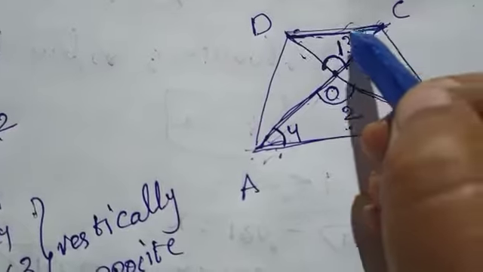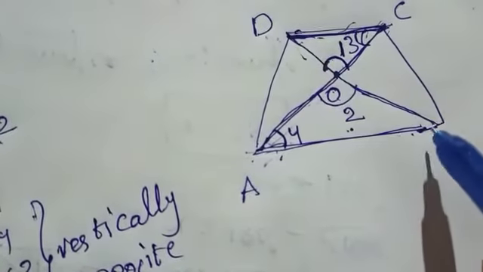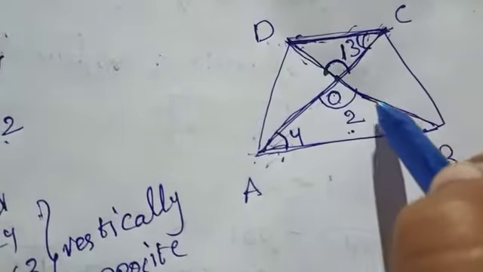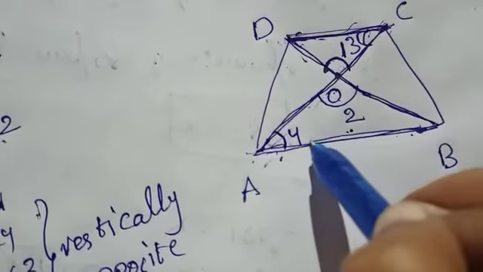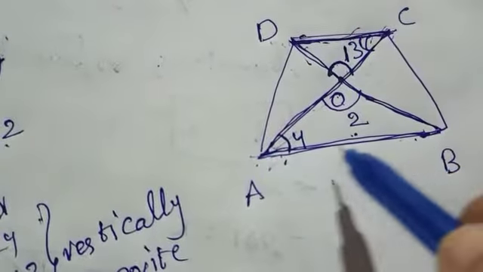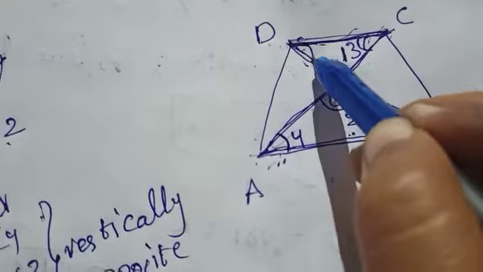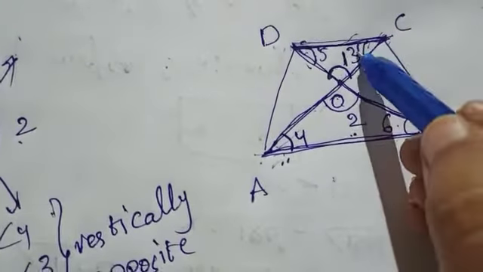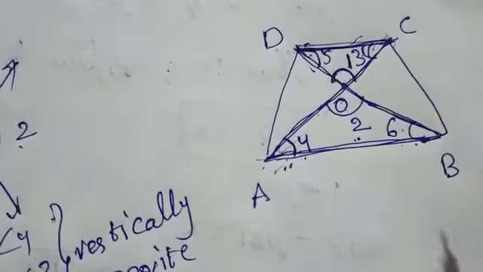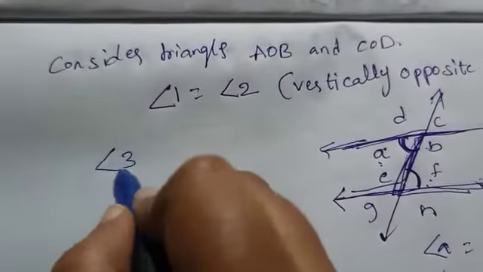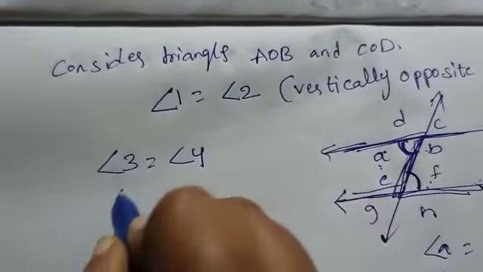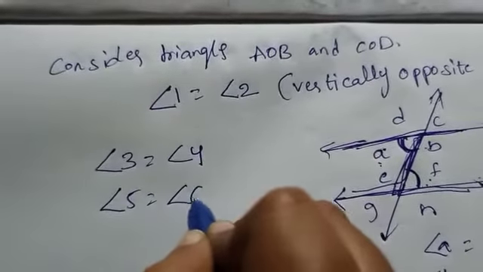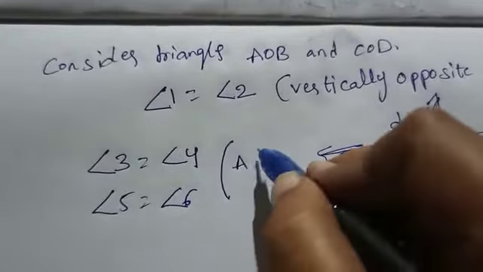In the same way, this transversal cuts two parallel sides, so here angle 5 and here angle 6. Angle 5 equal to angle 6. Alternate interior angles.